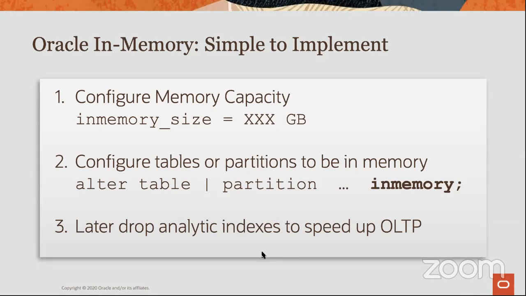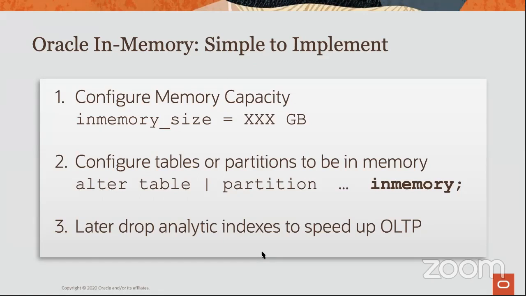And then later you can drop analytic reporting indexes to free up capacity and workload for further processing, either OLTP processing or maybe using that to justify using Database In-Memory to run analytics in what we call real time, right on the source data. And so that's a pretty exciting aspect of Database In-Memory.